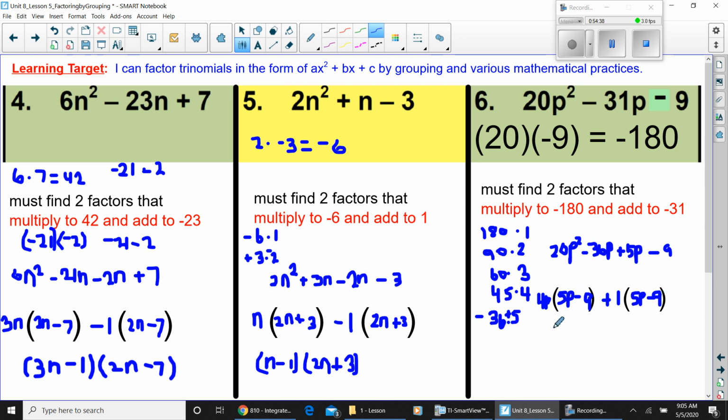You notice that you have the same binomial in the parentheses. So this is 4p plus 1 as one of the binomials, and the next one is 5p minus 9. And there we go again.